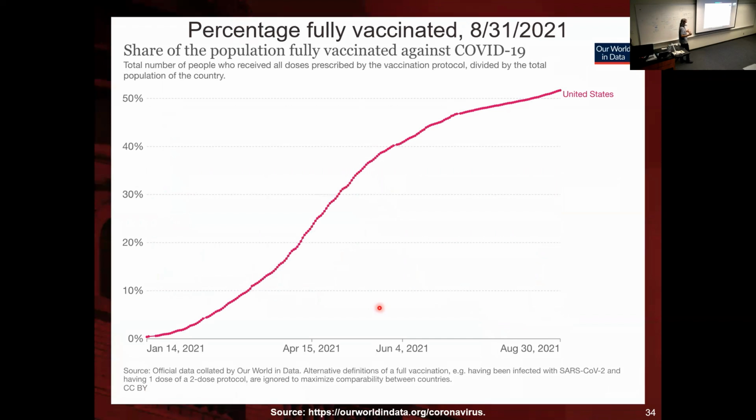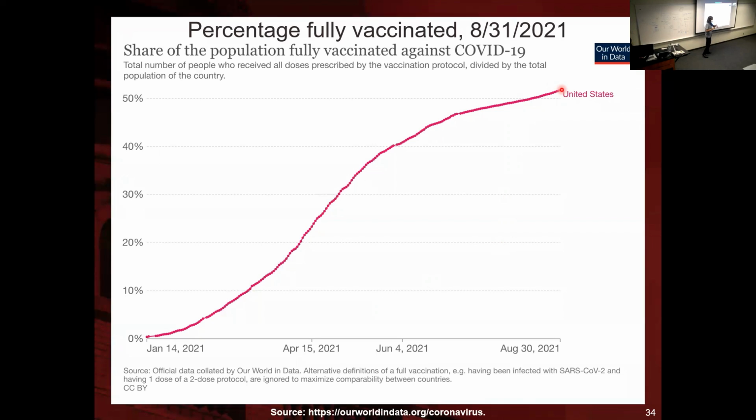And you could say, oh yeah, more people vaccinated. Yes, that's really good. This graph here is the percentage of fully vaccinated people, at least the 2 doses of these vaccines that we have. Still really low, a little over 50% in the whole US by now. And this varies a lot by state.